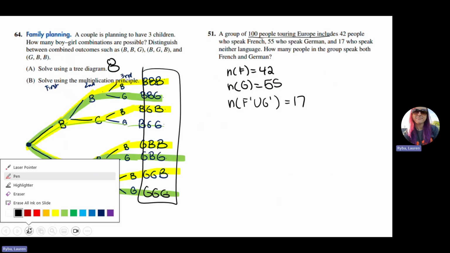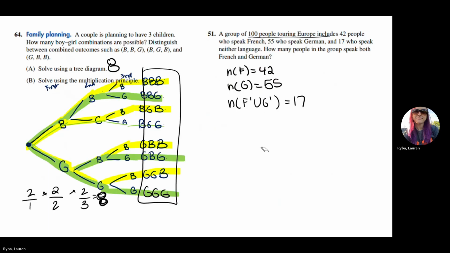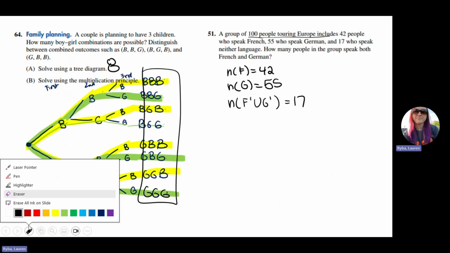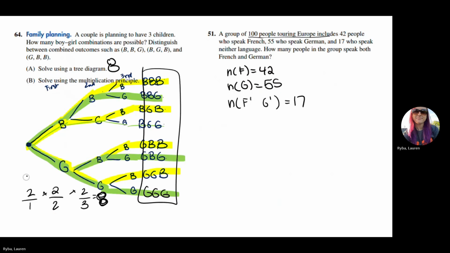Actually, is that supposed to be the intersection? Circle F, circle G. So not F. Yeah, that's gotta be the intersection symbol. Okay, so walk with me quick here. If I had F, G, and intersection, right?